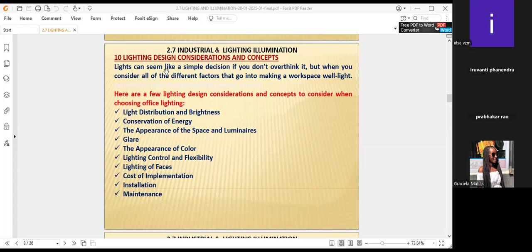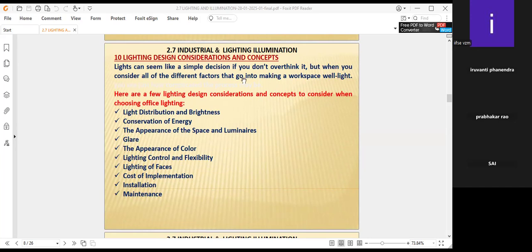Lights can seem like a simple decision if you don't overthink it, but when you consider all the different factors that go into making a workspace well lit, it may be a simple matter, but it affects the mood of the people, or the employees become tired, or employees become uncomfortable.